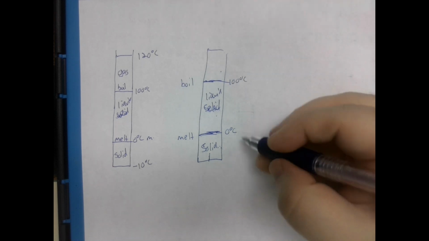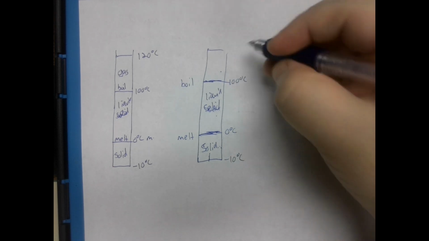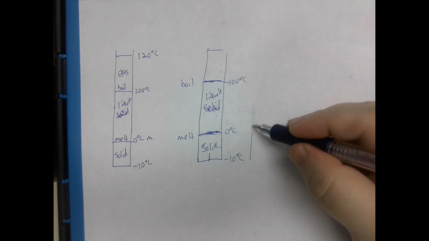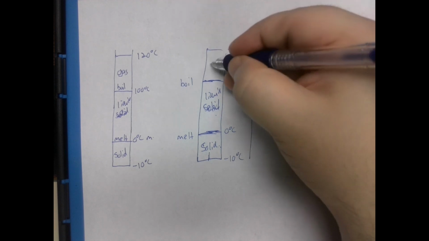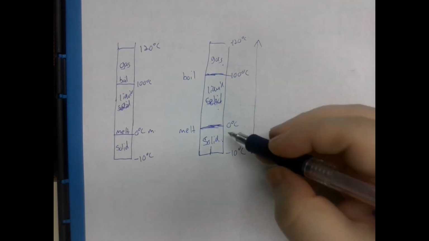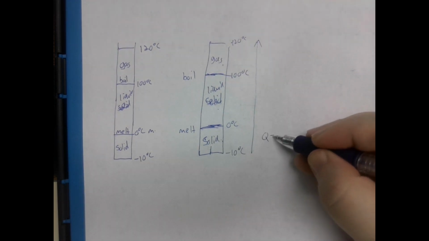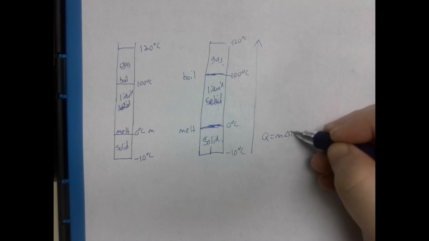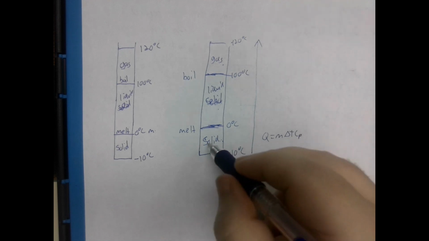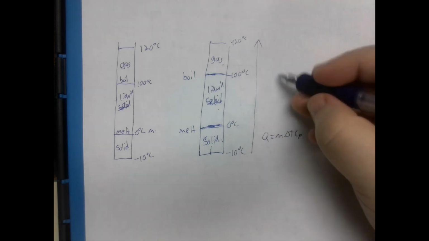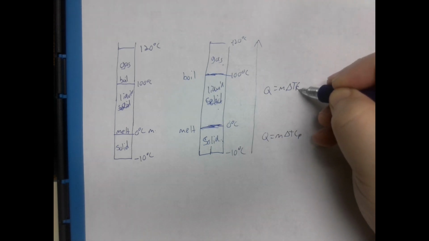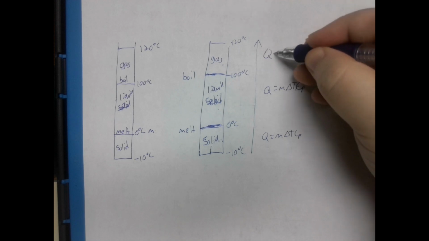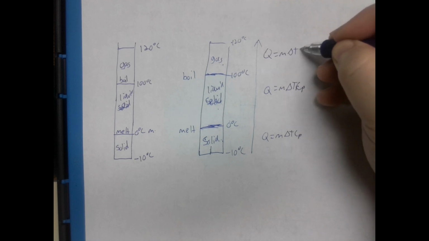So what you started with, adding heat and going up to some temperature, we'll need to use Q equals m delta T Cp whenever there's a change in temperature during a single phase.